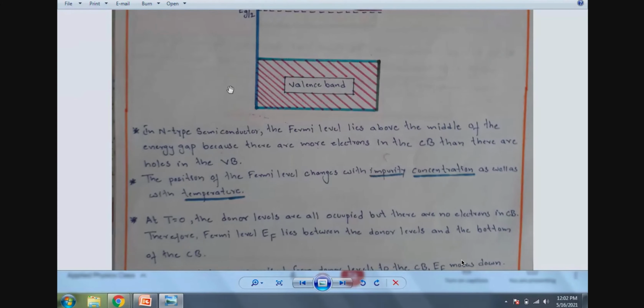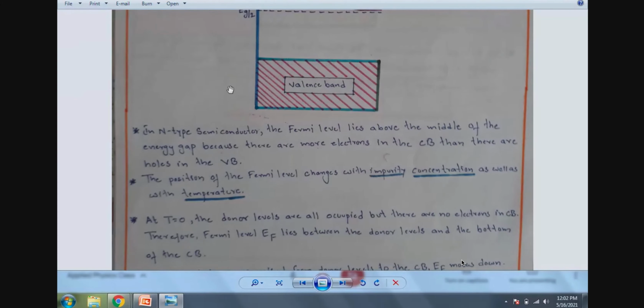Below this, the downward movement of the Fermi level represents electrons being excited from the valence band to the conduction band. With further increase in temperature, the Fermi level slowly comes downwards and reaches the middle of the energy gap. This point represents that.